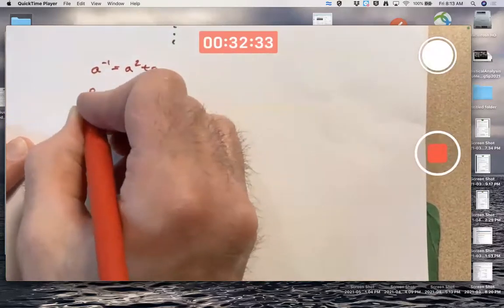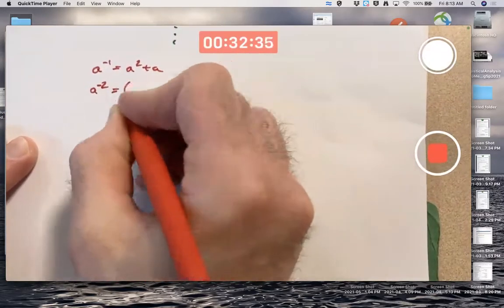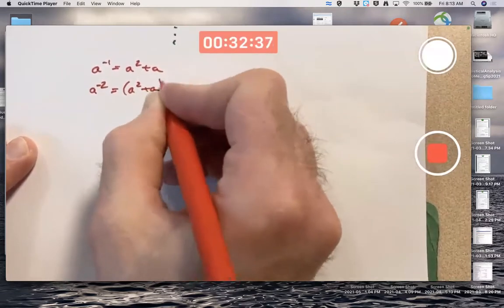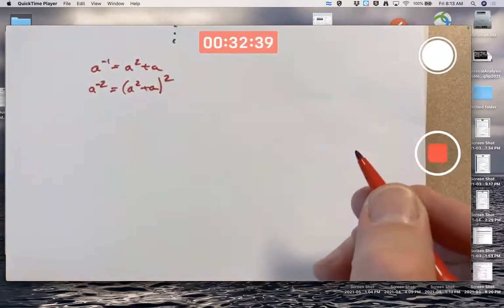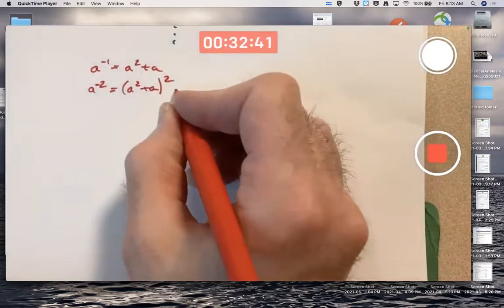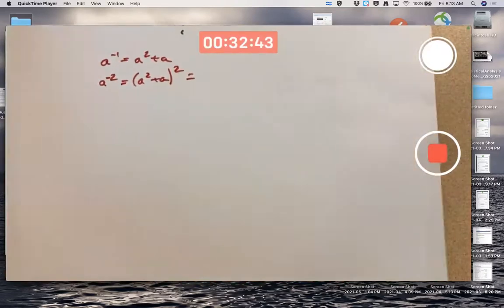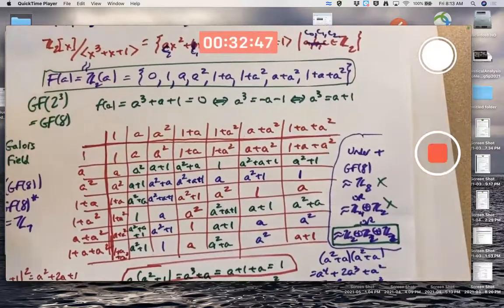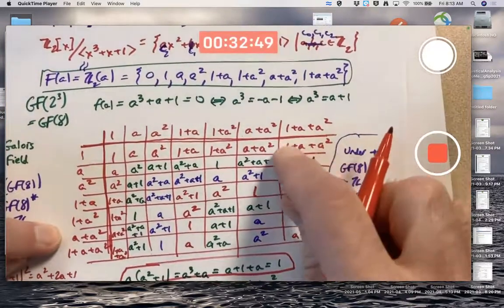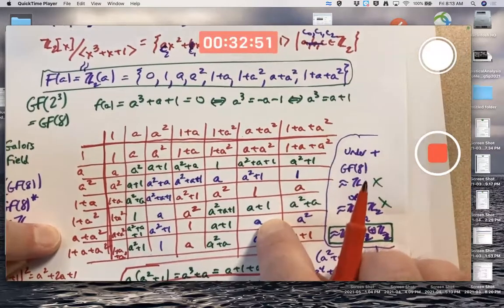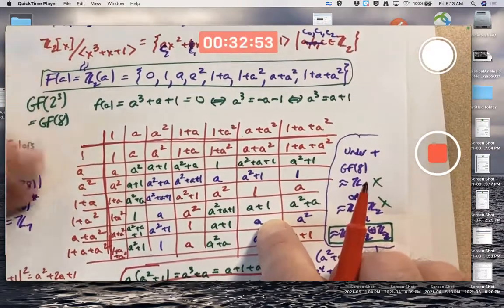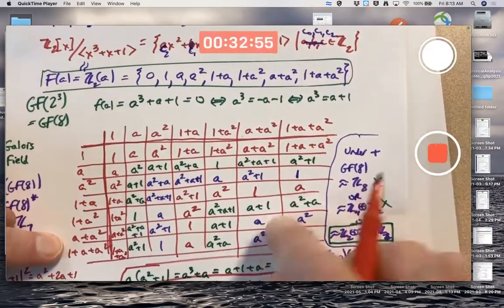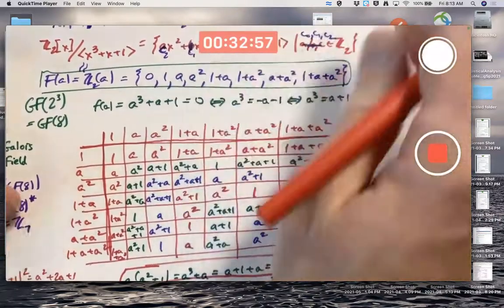Therefore, a to the negative 2 would be a squared plus a, squared. And we could figure that out from scratch or use the multiplication table. A squared plus a squared looks like it equals a itself. Hey, how about that? A to the negative 2 equals a.